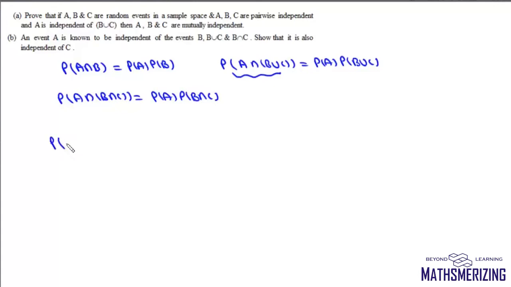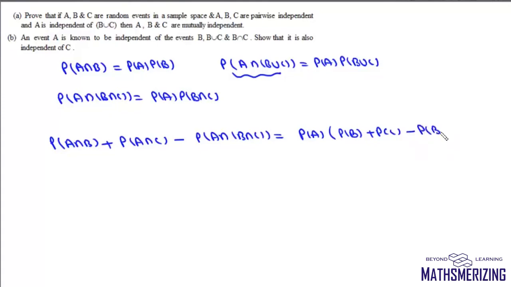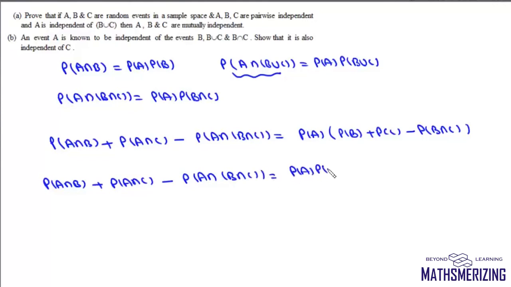Now this is probability of A intersection B plus probability of A intersection C minus probability of A intersection B intersection C, and it is equal to P(A) into P(B union C), and we can write B union C as probability of B plus probability of C minus probability of B intersection C. So this is probability of A intersection B plus probability of A intersection C minus probability of A intersection B intersection C, and it is equal to P(A)P(B) plus probability of A into probability of C minus probability of A into probability of B intersection C. Now P(A intersection B) is P(A) into P(B), so it will cancel, and P(A intersection B intersection C) is P(A) into P(B intersection C), so it will cancel.